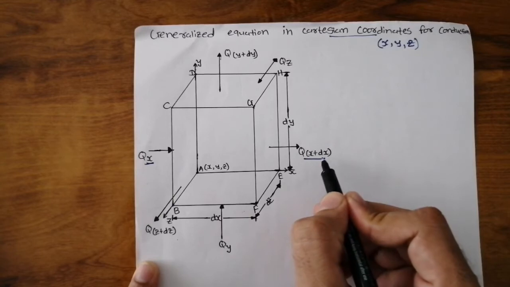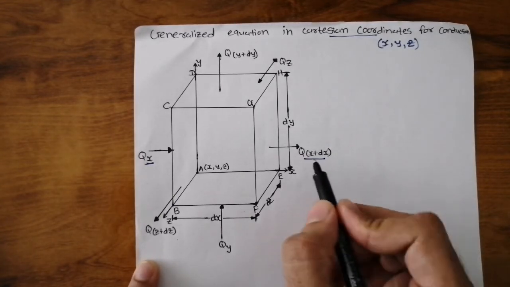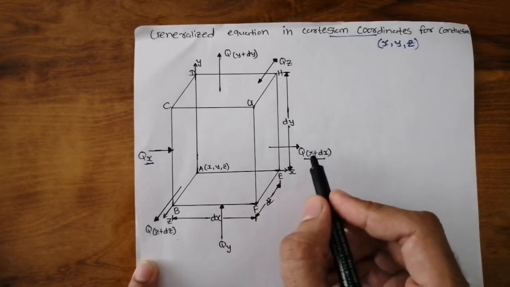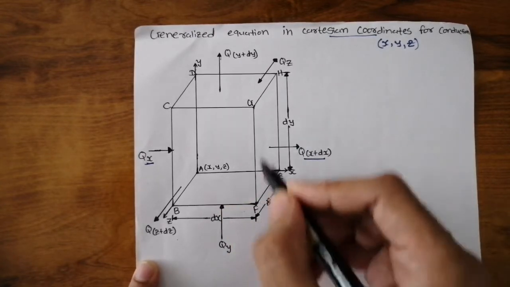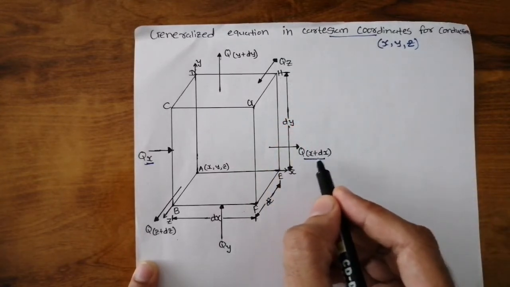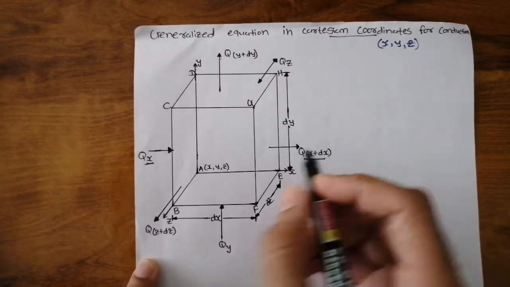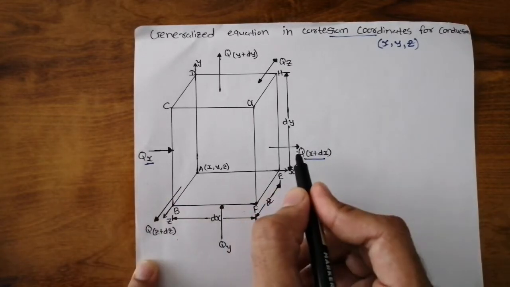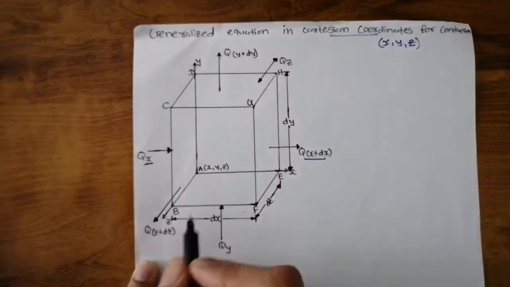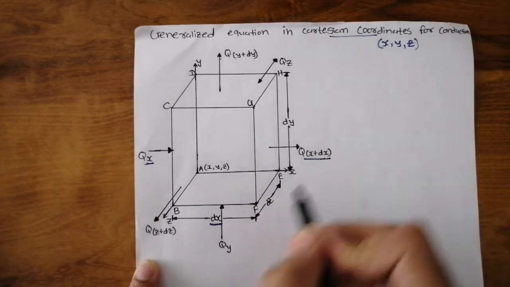So qx plus dx means the quantity of heat flowing out of the element from the face EFGH. Why do we write x plus dx? In the direction of heat flow, the x direction, the thickness of that element is dx, so we write x plus dx.